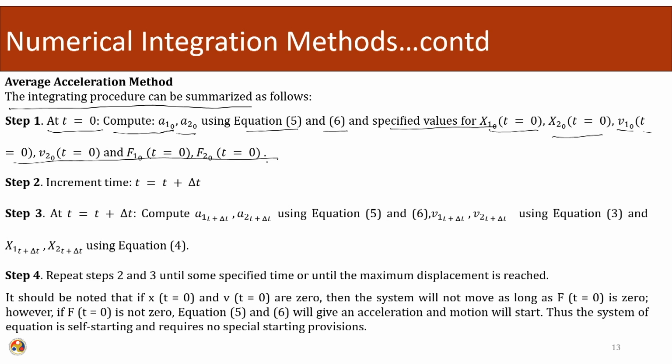So, at time t equals 0, first of all you are using equations 5 and 6, and for the given values of displacement, velocity and forces, we are calculating the values of a1 naught and a2 naught.